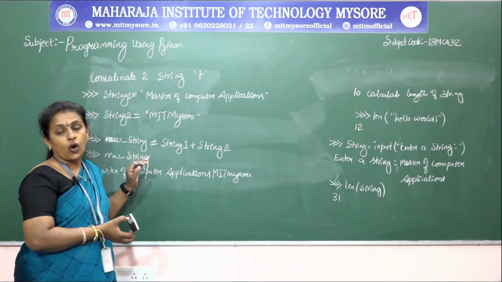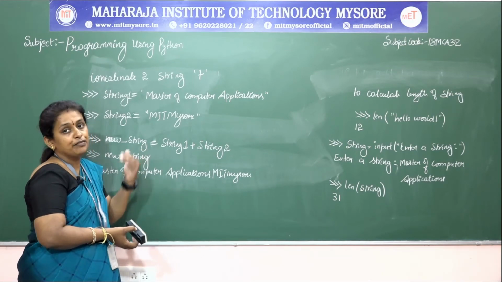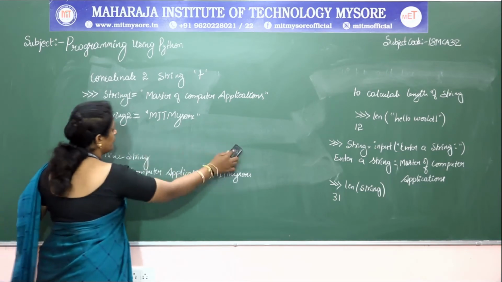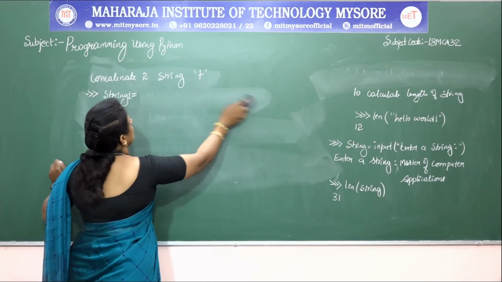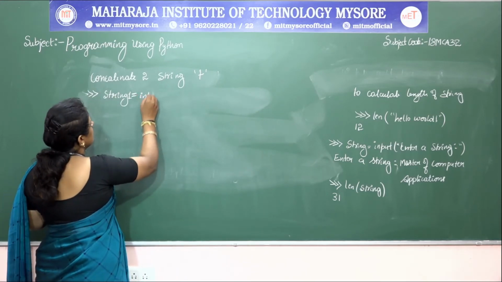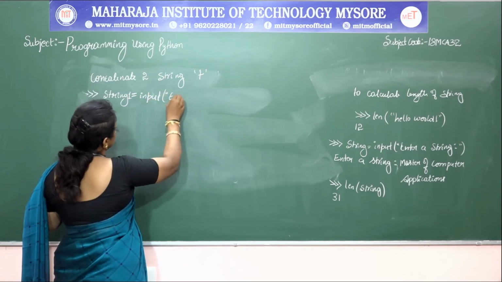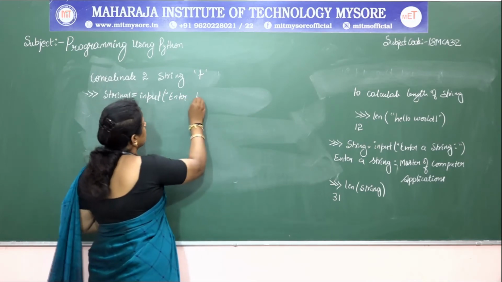This is with respect to constant values. You can also go with one more example by taking an input from the keyboard. So string 1 equals input, enter a first string.